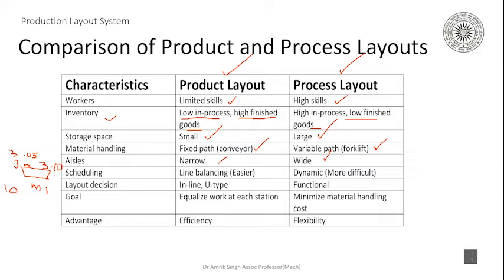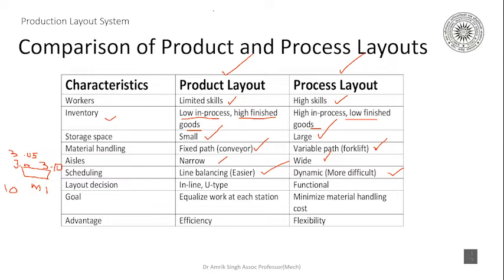So that means it has to be scheduled like that. In line balancing type it is easier, and here it is dynamic and more difficult because waiting times are there, WIP is there. Because of that, the scheduling is difficult.